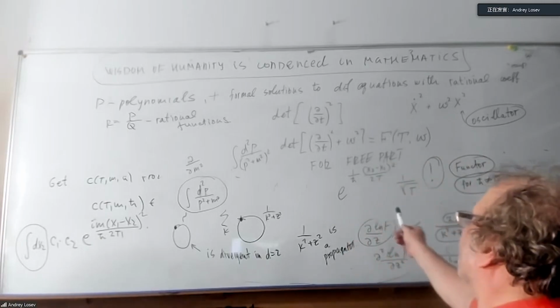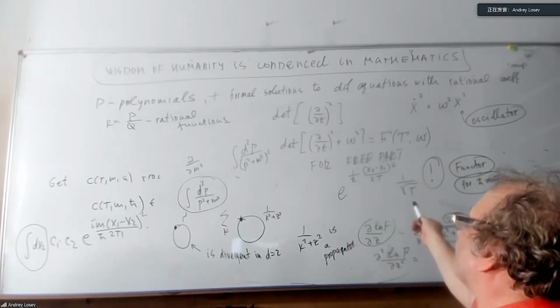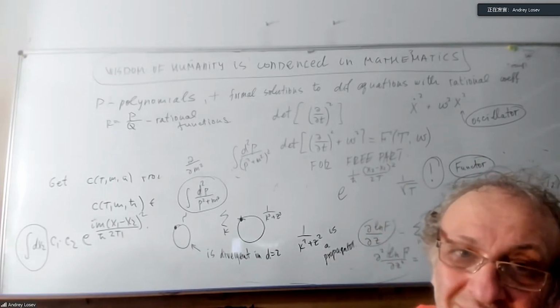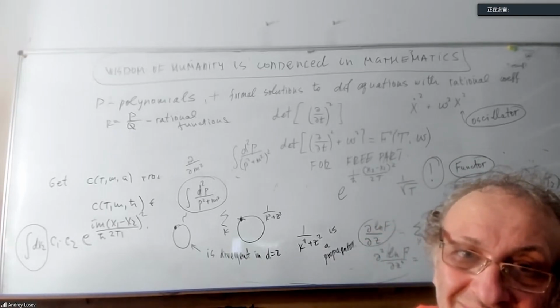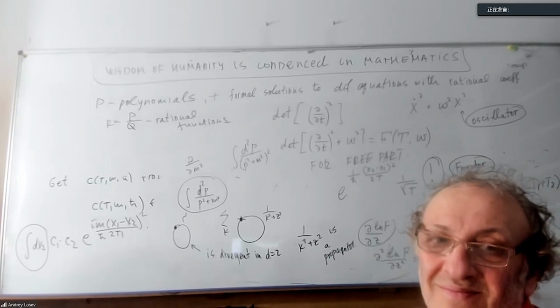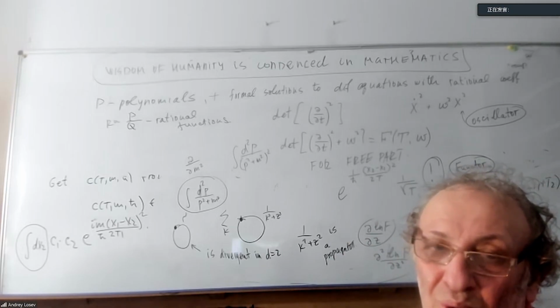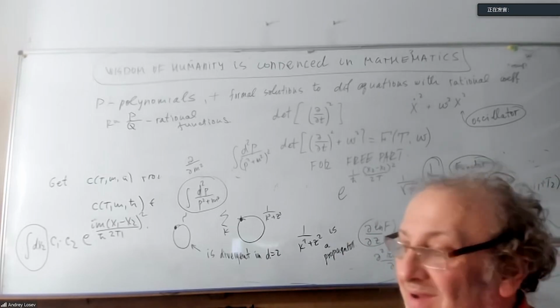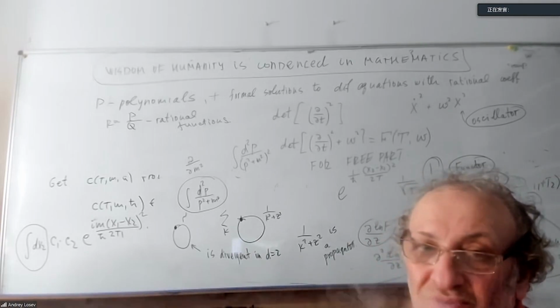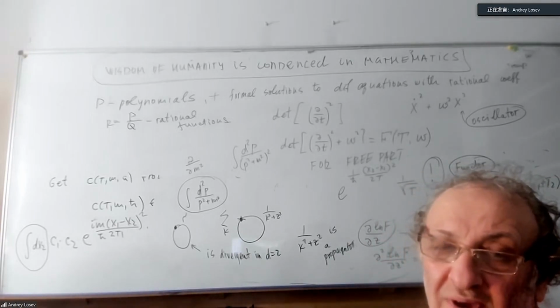Because as you see, this T is dimensionful. It could not be like this. So you know how this thing should be corrected.